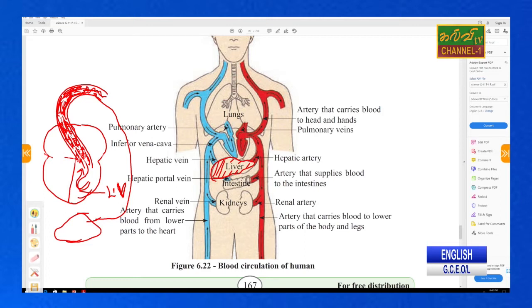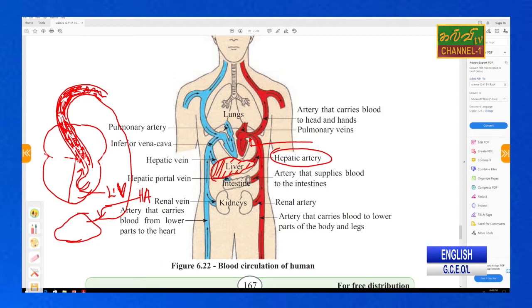Another name for liver is hepatic, so we call it the hepatic artery. This is the hepatic artery, a branch of the aorta, right? This is the aorta.